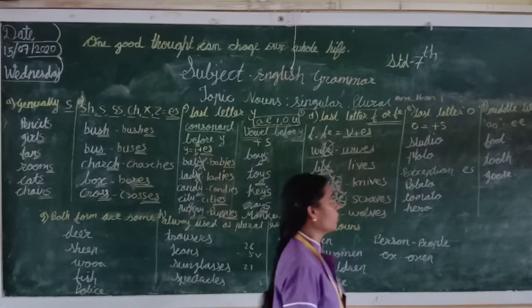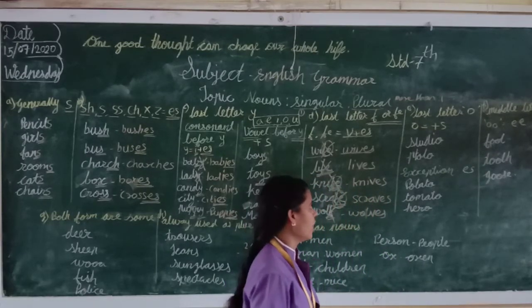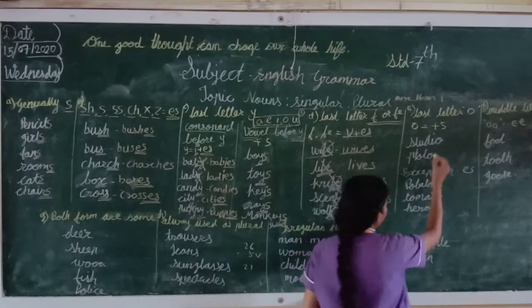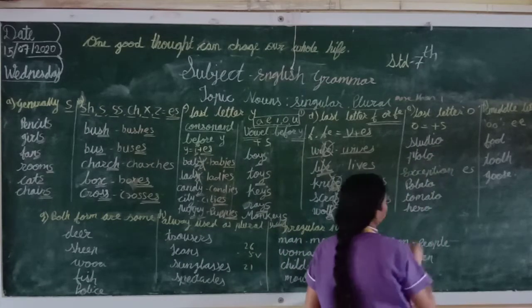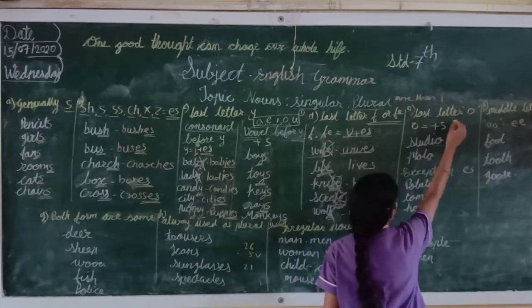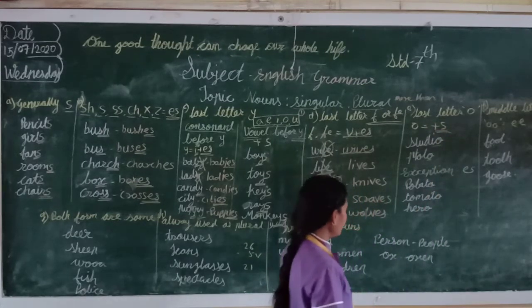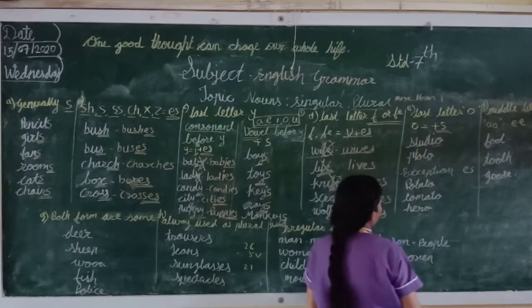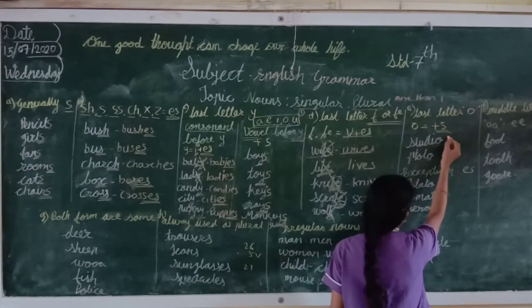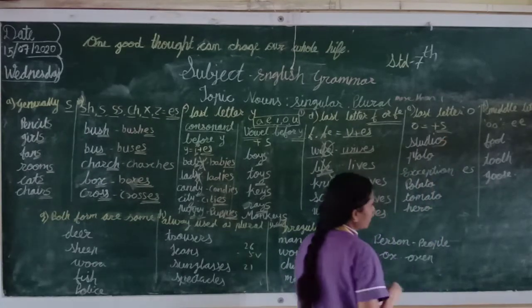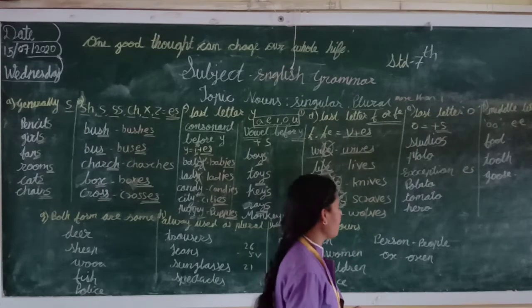Last letter o. So what will we do? Students, the last letter is o. When the last letter is o, we will just join s. When the last letter is o, just we will join s. Now studio. What is the plural of studio? Studios. Only join s.